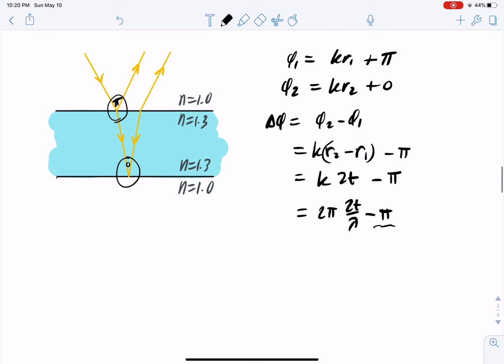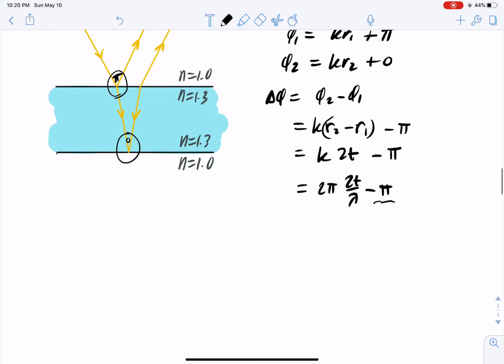And so now let's finish the analysis. So now we say, okay, let's go back to those special cases. So if the phase shift is L pi, L being even or odd, L even gives you a maximum, L odd gives you a minimum. So this will be 2 pi. So we could get rid of the pi's.